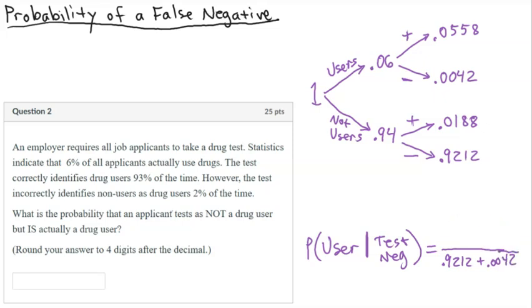And now the numerator is going to be the people that are drug users. They are drug users, but they tested negative. Users testing negative, that's 0.0042. And we're going to put all of this into the calculator. Okay?